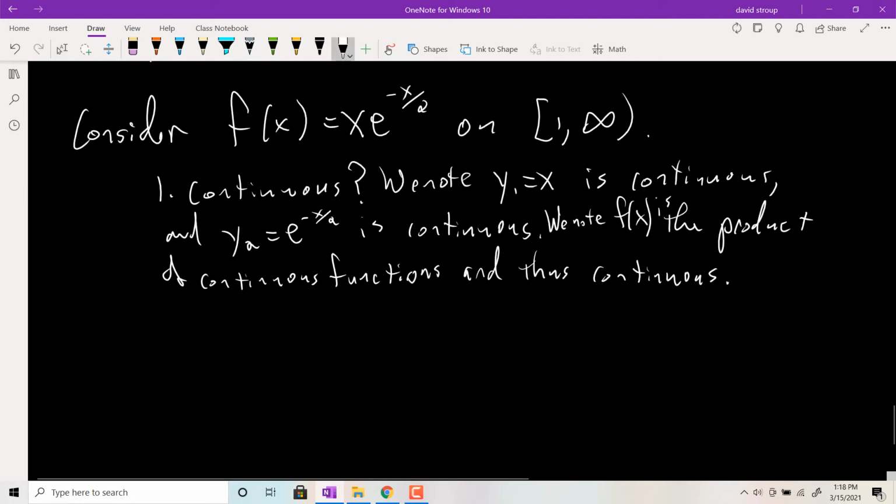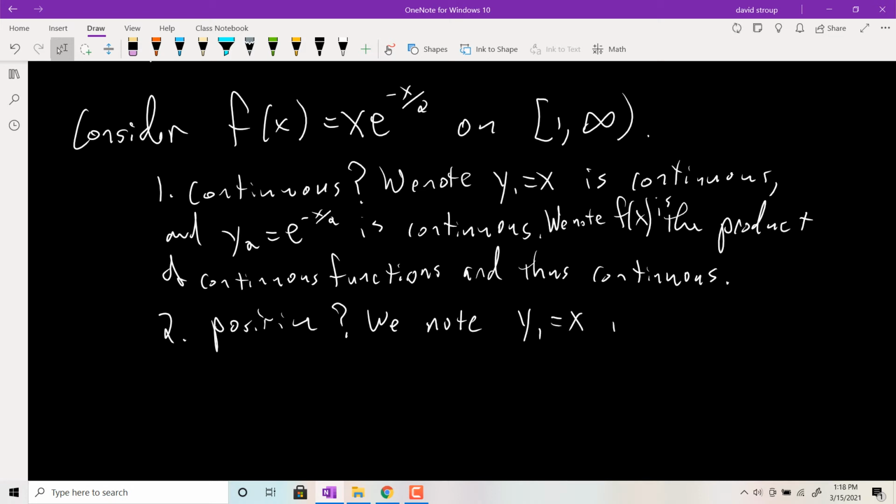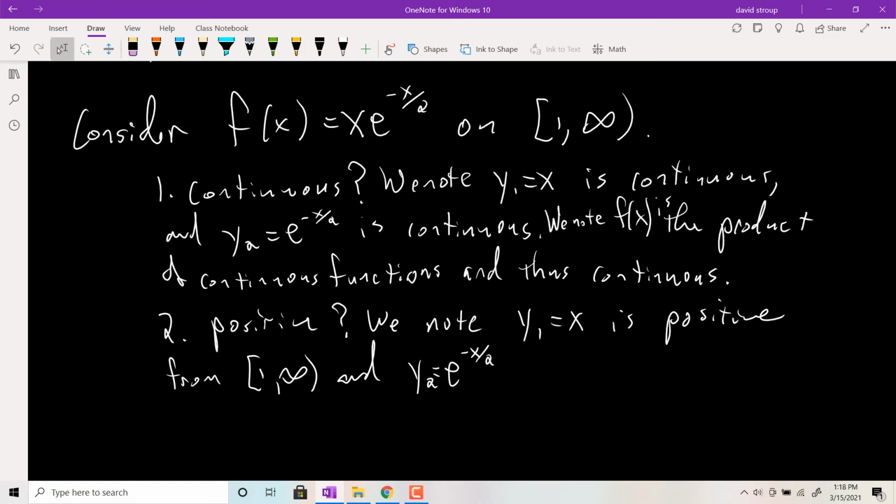Secondly then, is it positive? We note y1 equals x is positive, basically from 1 to infinity, and e to the negative x over 2 is positive everywhere. We know that f of x is the product of these.